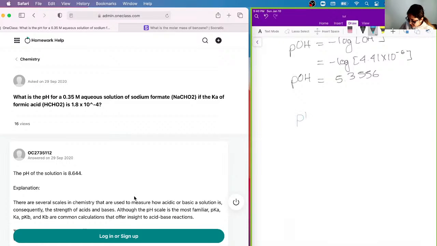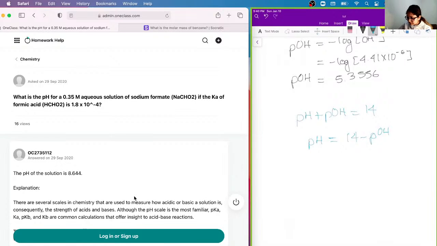And since we're trying to find pH, you guys recall that to find pH from pOH, we use pH plus pOH equal to 14. To find pH, we can rearrange the equation, and you have 14 minus pOH.